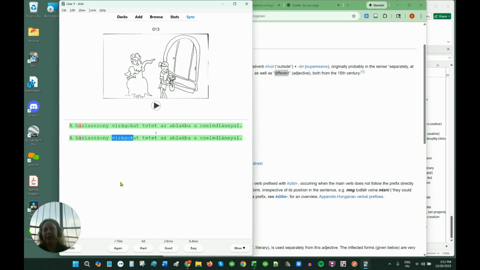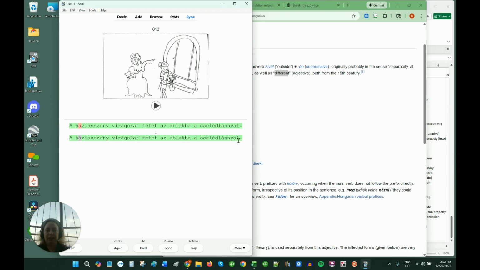So in English, we would say she made the maid put flowers on the window. And so the maid in English logic would be the thing that's being made. She forced the maid to put flowers on the window, but in Hungarian, the logic's a little bit different. She forced this to get done by means of the maid.